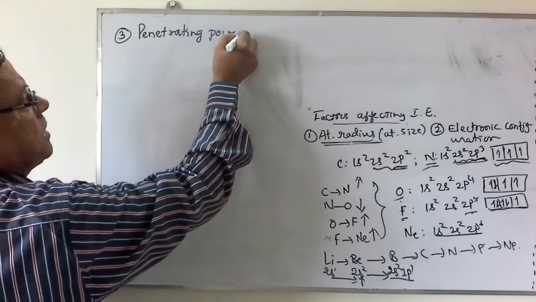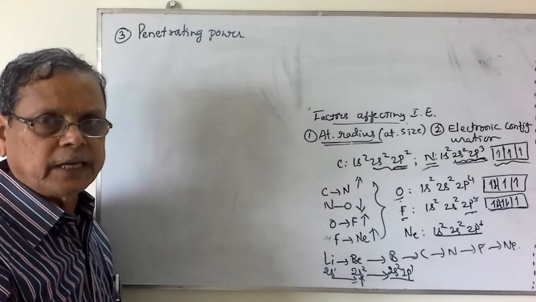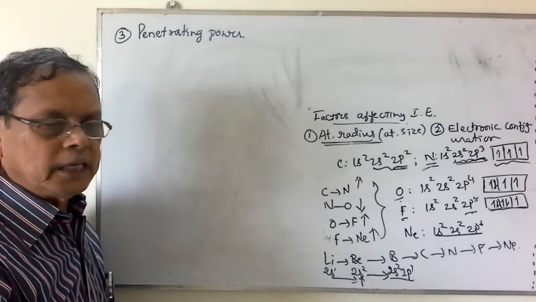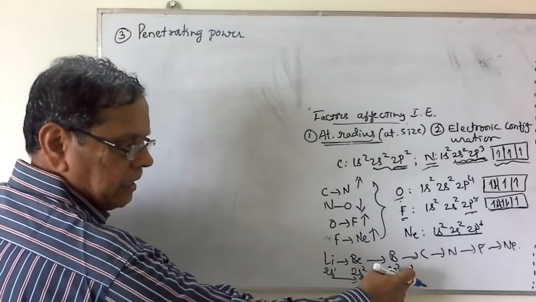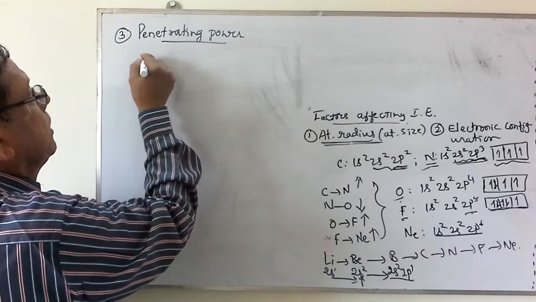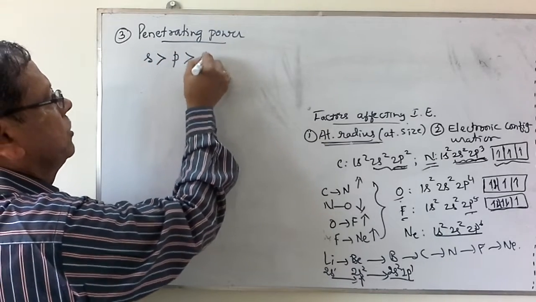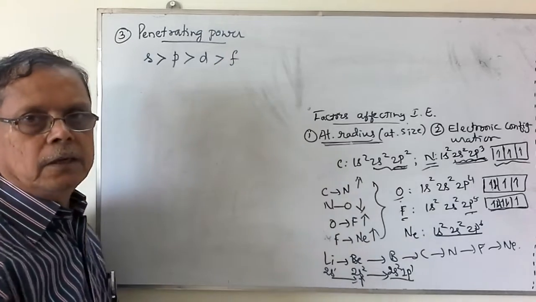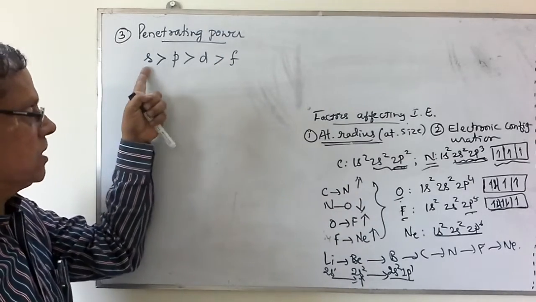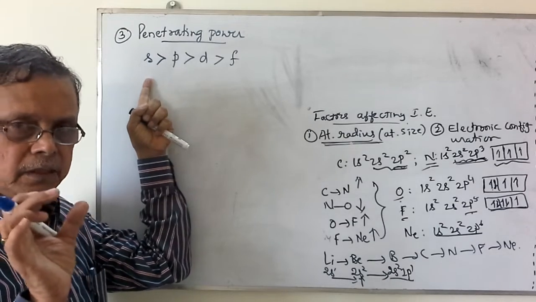When an electron is present in the s orbital, it is closer to the nucleus as compared to the p orbital. That's why an electron in the p orbital is a little away from the nucleus. So we observe that the penetrating power of s is more as compared to p, as compared to d, as compared to f. So to remove an electron from the s orbital, more energy is required in the particular shell.